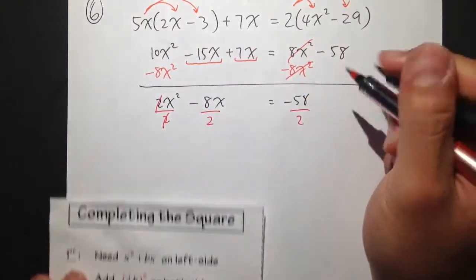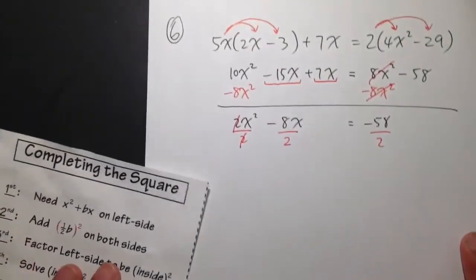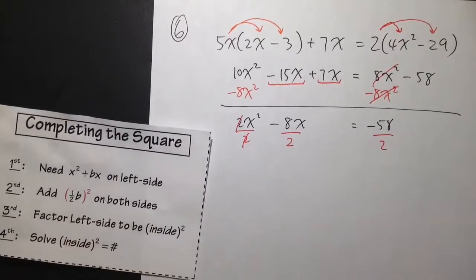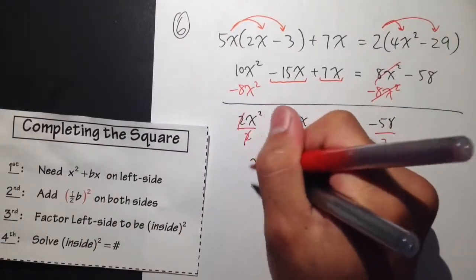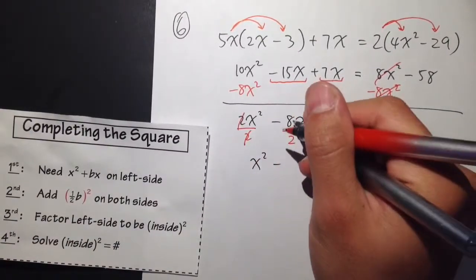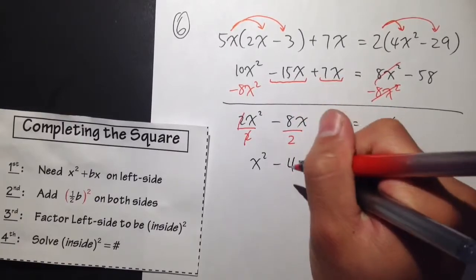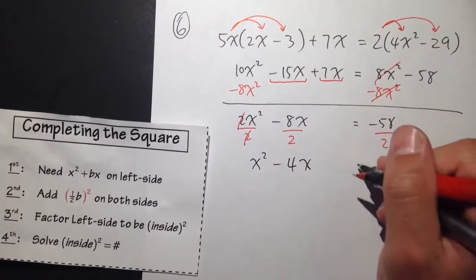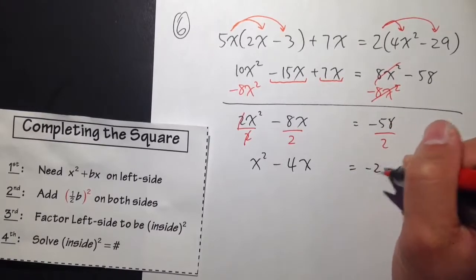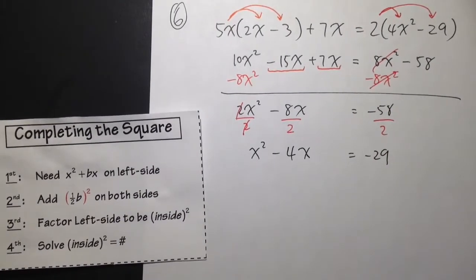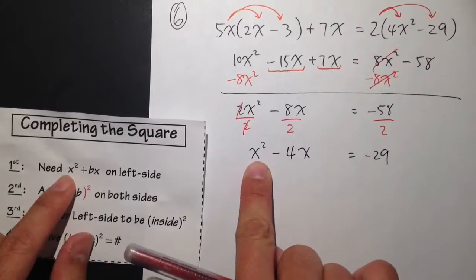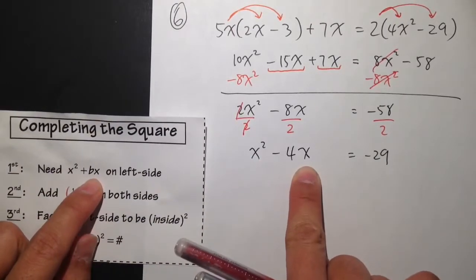Divide by 2. And I will get x squared minus, this is negative 8 divided by 2, which is minus 4x, and that will equal negative 29. So we got it, x squared plus bx on the left hand side.